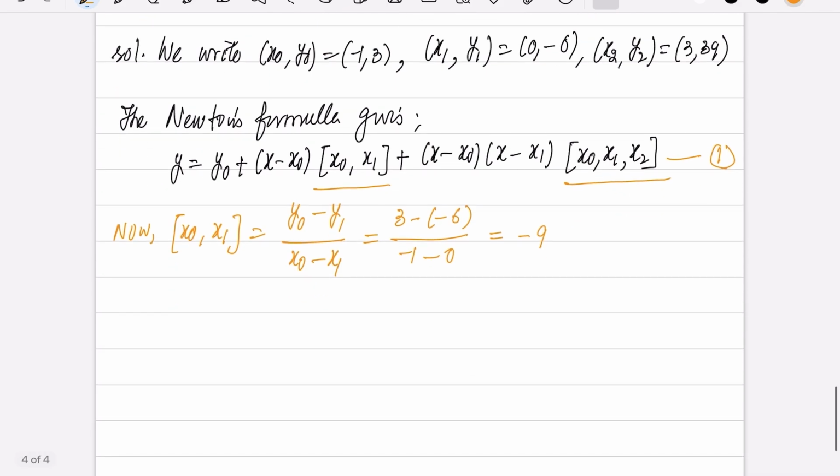And now for the second one, x naught, x1, x2, we also need to compute x1, x2. So let's compute x1, x2. This will be equal to y1 minus y2 divided by x1 minus x2.